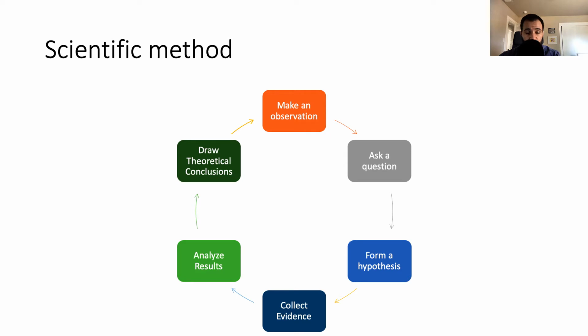But anyway, you start with an observation right at the top, which drives you to ask a question. That is the center of any beginning of any scientific enterprise, a question. And in order to try to answer the question, we should first form a hypothetical answer, a hypothesis, what we think the answer to the question is.